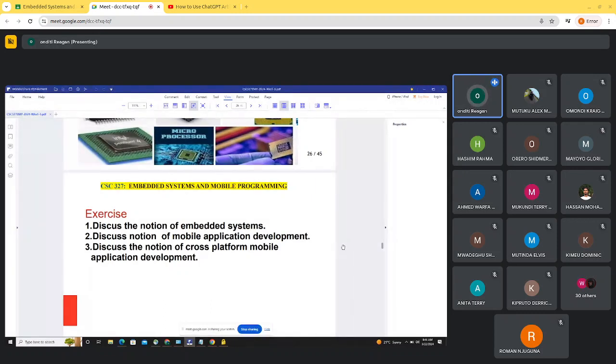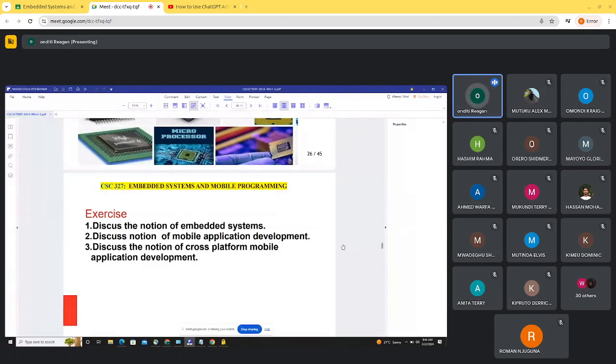So I would want you to take your time and discuss the notion of embedded system. What is an embedded system? You can read more and understand it deeply, and have a clear concept of what an embedded system is. I would also want you to discuss the notion of mobile application development. What is this thing called mobile application development? What does it entail? What is the workflow? How does it move from the initial point to the execution and to the end?